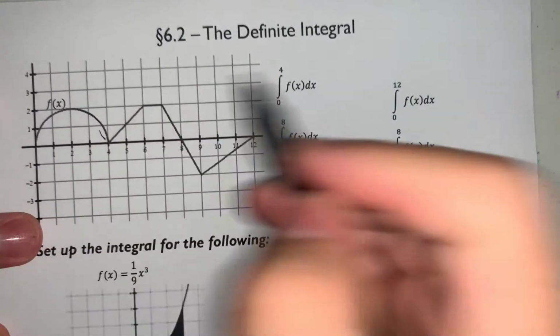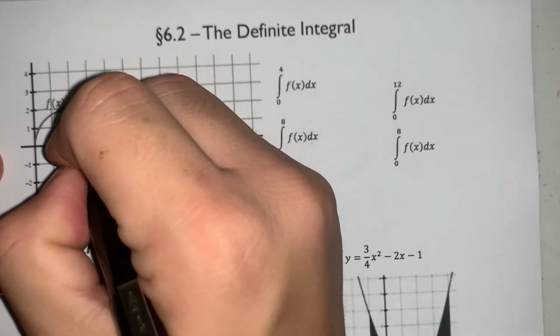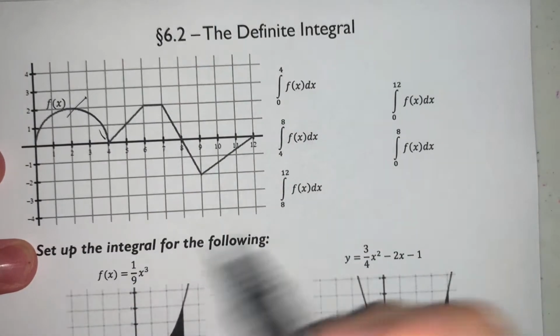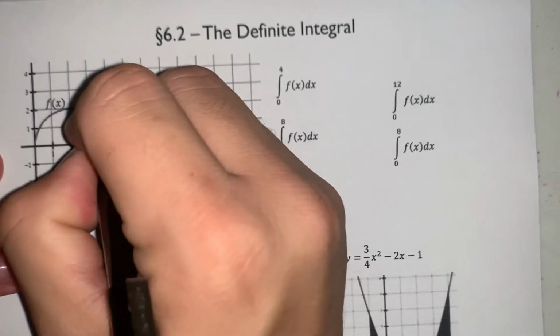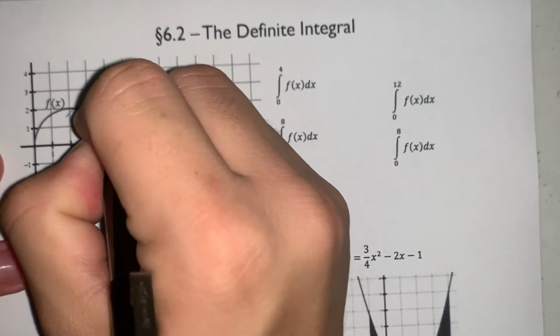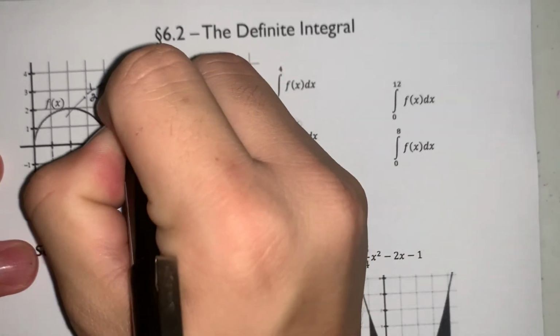All right, so obviously these are shapes that we can easily find the area of. If I were to find the area of this semicircle, we know the area of a full circle is pi r squared. So a semicircle would be 1/2 pi r squared. Our radius here is 2, so it's 2 squared.